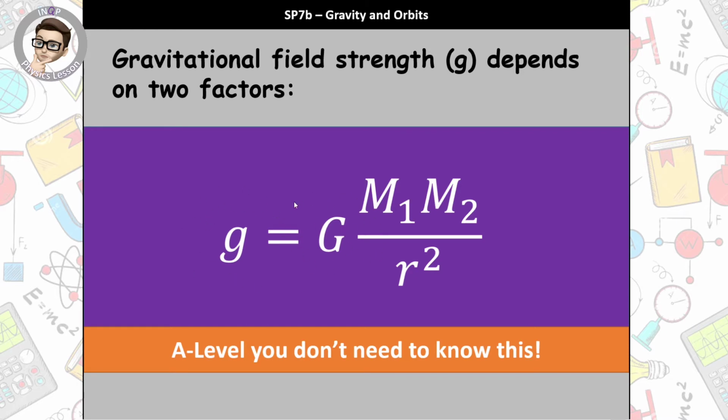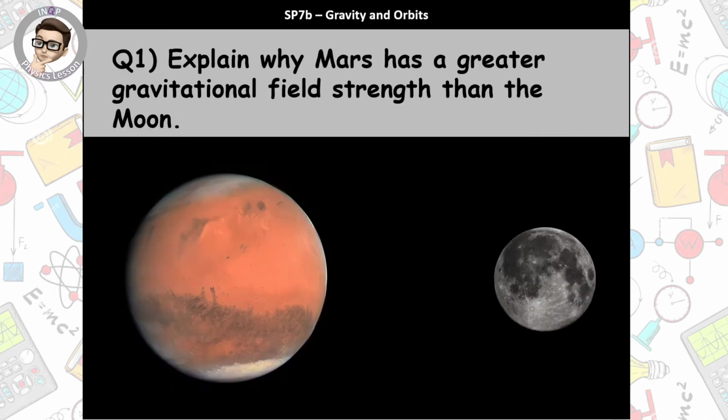It's equal to this constant, big G, multiplied by the two masses, mass 1 and mass 2, all divided by the square of the distance. So you can see here that if either of the m's gets bigger, then g gets bigger, and if r gets bigger, then g gets smaller. Now you don't need to know that equation, but I thought it'd be nice to introduce you to it to show you what it's about.